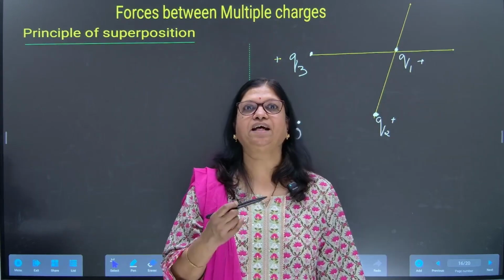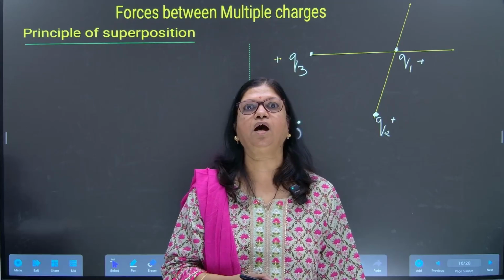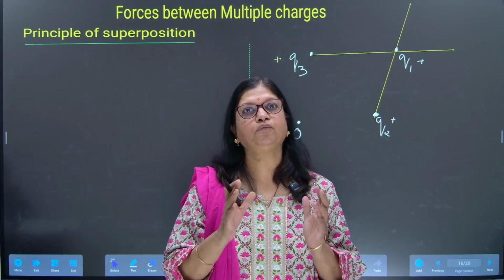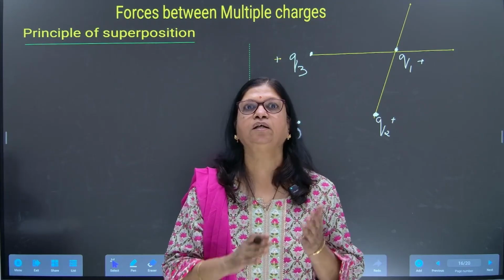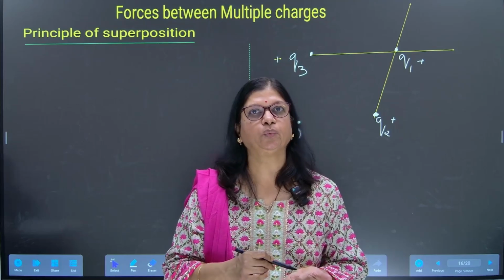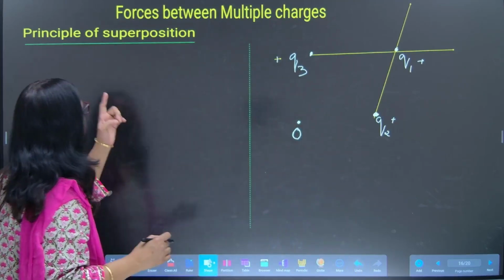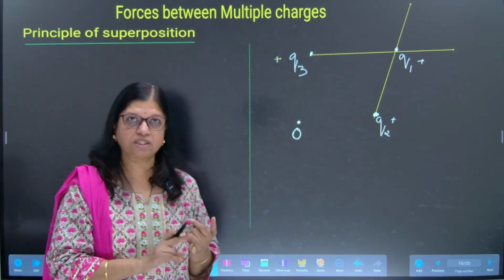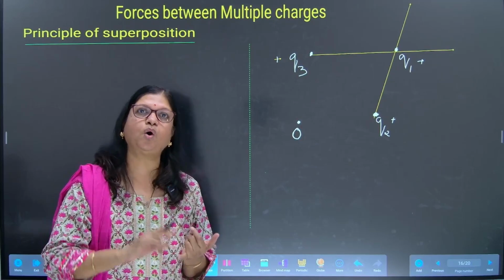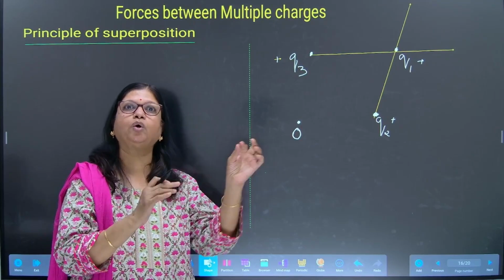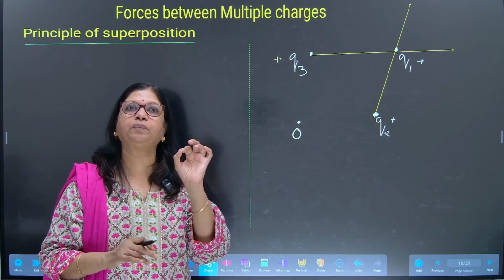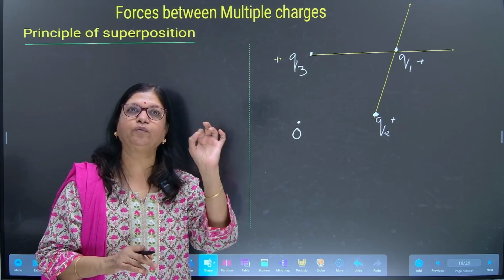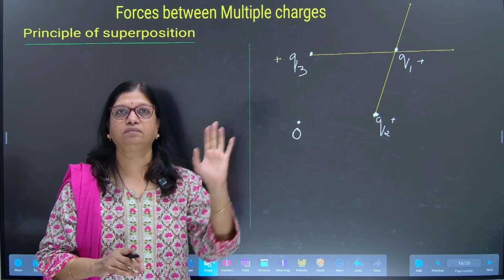So, now let us understand how to find the total force of repulsion acting on the charge Q1 by the principle of superposition, which says that when there are two or more forces acting on a single charge, they have to be added one by one vectorially.